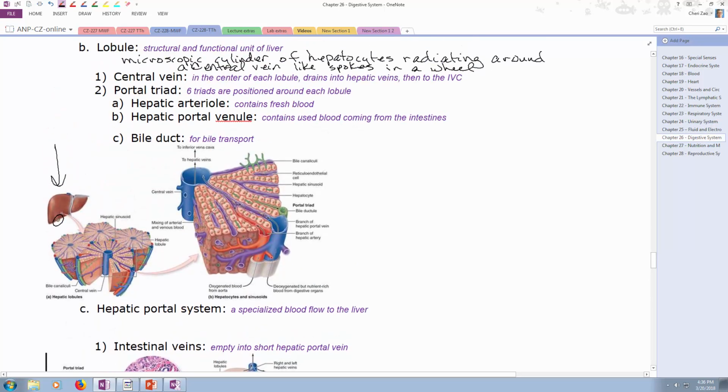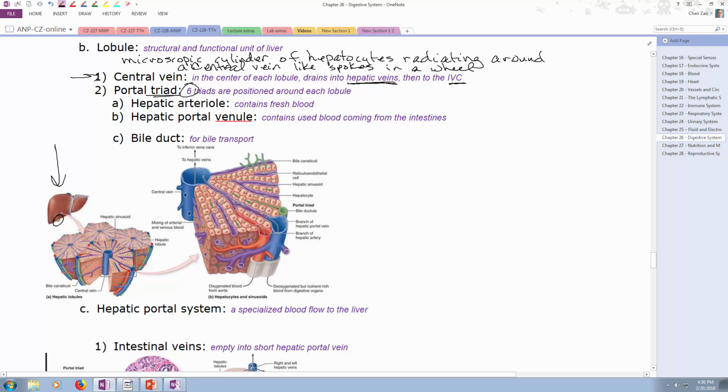Okay. The central vein in the center of each lobule will then drain the blood into hepatic veins on the back side of the liver into the inferior vena cava. At the perimeter of our lobule are these things called triads, and there's 6 of them.